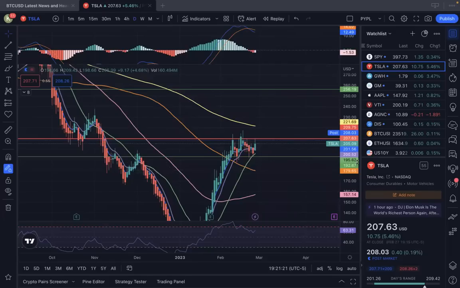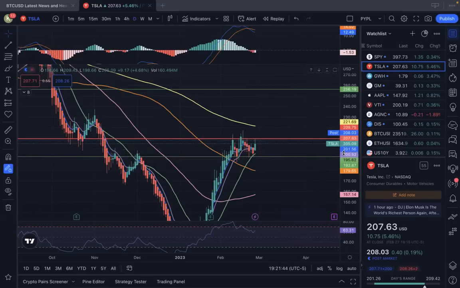Green is at 195.62, okay? Don't ask me how I know which green it is, but I just know. I mean, I'm sorry, it's not 195, it's 192.87. But yes, that green line, that green moving average. So I believe the range of the support is between 192 and 195, which is great.